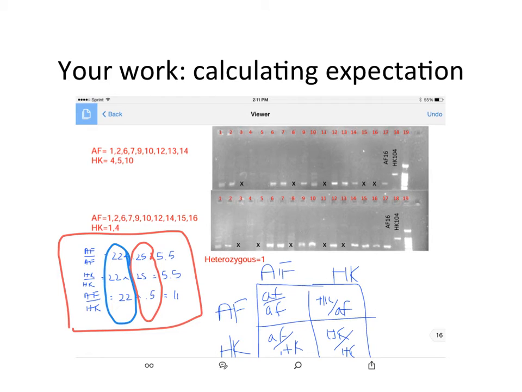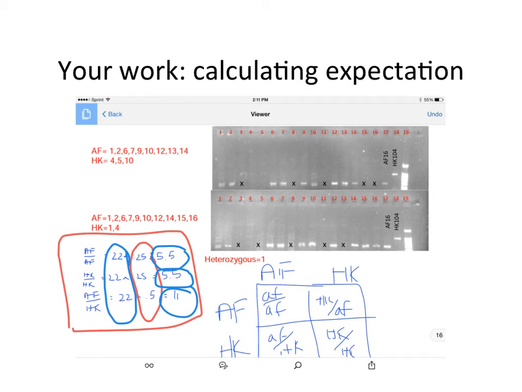So there are 22 wells on this gel that we can interpret genotypes for. So a quarter of those 22 should have been AF16 over AF16. That would be 5.5. And a quarter should have been homozygous for HK104, and a half should have been heterozygous.